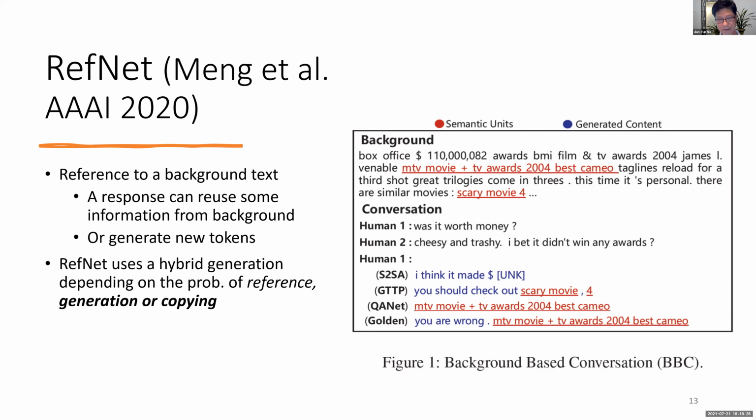So there is a kind of gating that tells the system whether the next word in the response should be generated from the model or should be copied from the document. So this is one way to use the external document to produce more alternatives for the selection of tokens. So that's one approach.